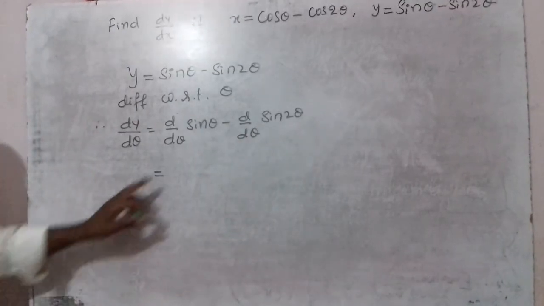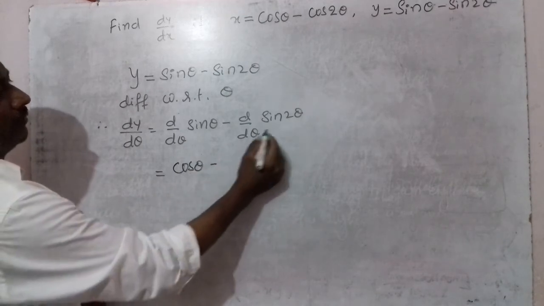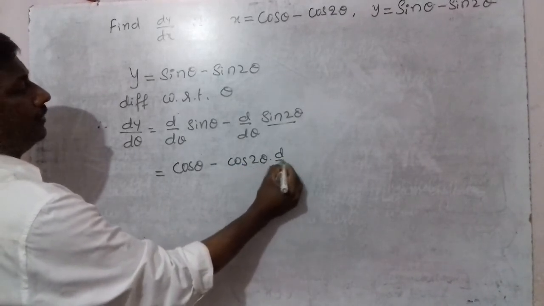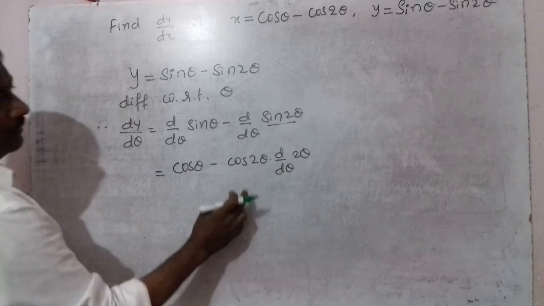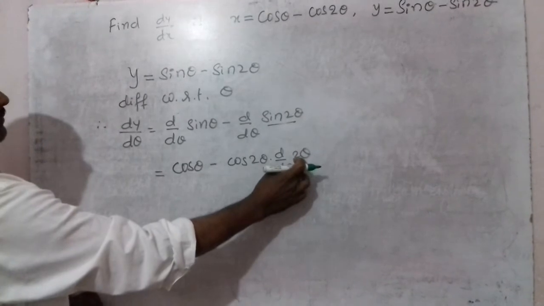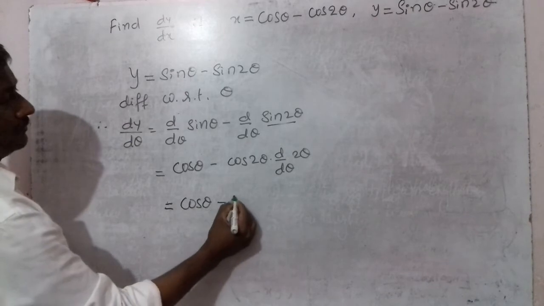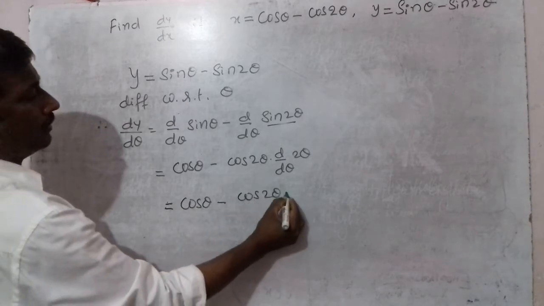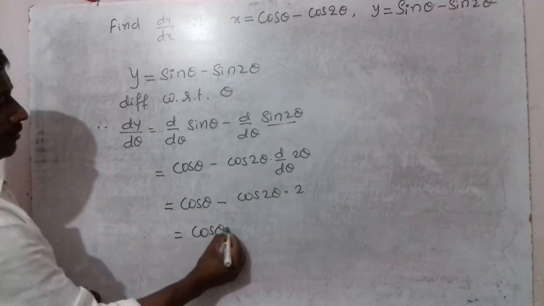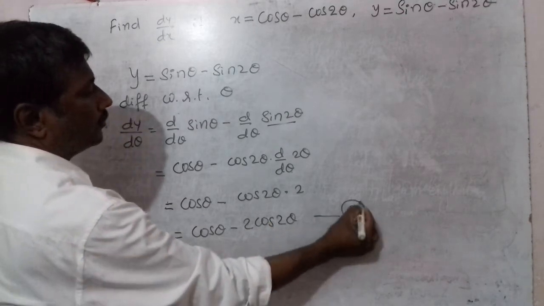This equals cos theta minus the derivative of sin 2 theta, which is a composite: cos 2 theta into d by d theta of 2 theta. First find the derivative of sin, then find the derivative of 2 theta. So this equals cos theta minus 2 cos 2 theta. This is equation 2.